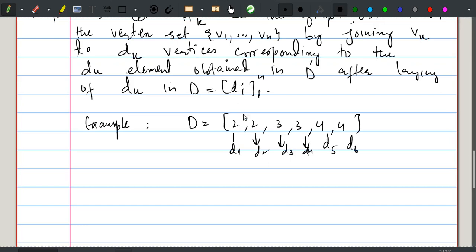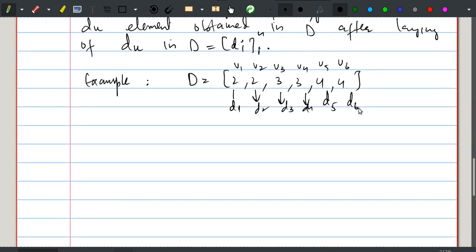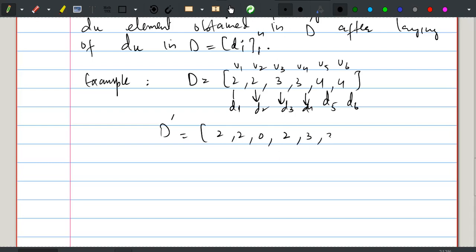These are the vertices v1, v2, v3, v4, v5, v6. Now when we lay off d3, the residual sequence d prime is 2 2 0 2 3 3.